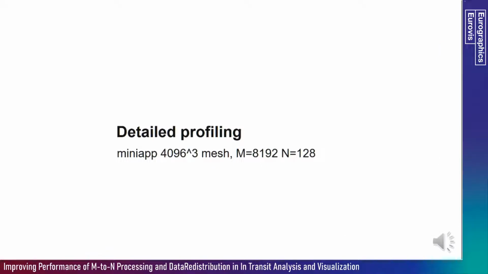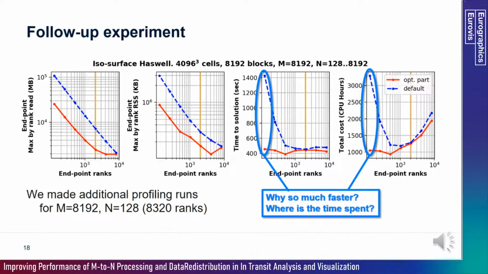In this experiment, we did a detailed profiling of the mini-app with the 4096 cube mesh with a fixed concurrency where m equals 8192 and n equals 120. This was our best case for the isosurface extract, and we wanted to find out why it performed so much better and where the time was spent.